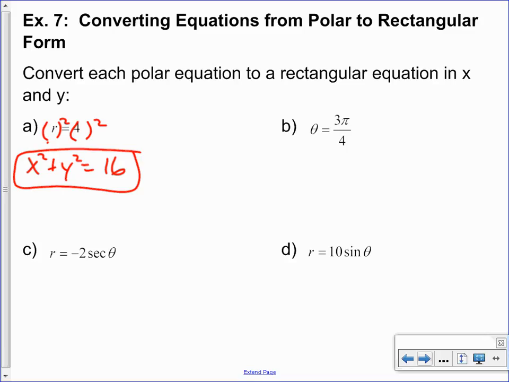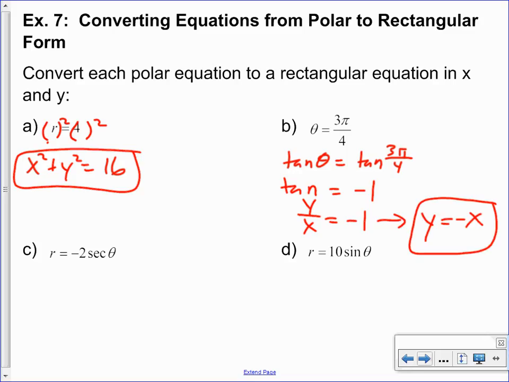Theta equals 3 pi over 4. Tan both sides. So tan theta is equal to tan 3 pi over 4. What's the tan at 3 pi over 4? Yes. So tan is equal to -1, which means y over x is equal to -1, which means y is equal to -x. So that is the equation.